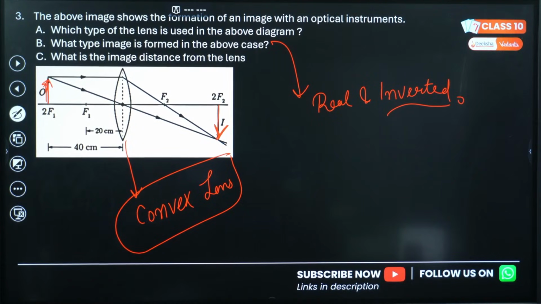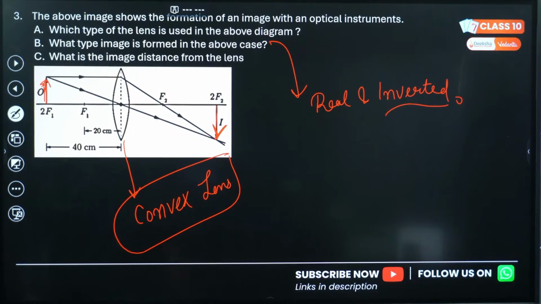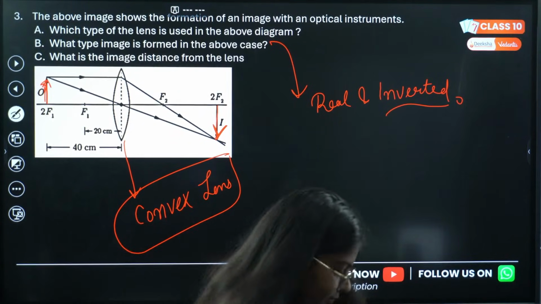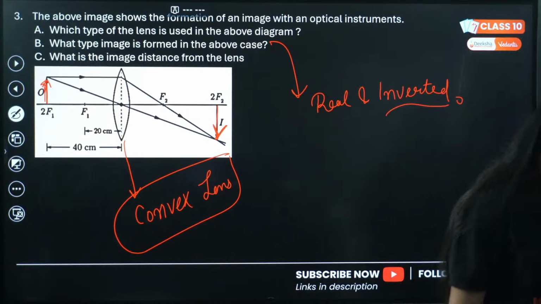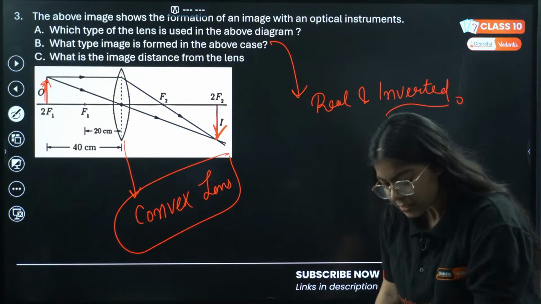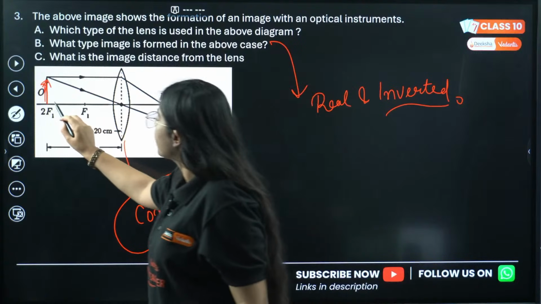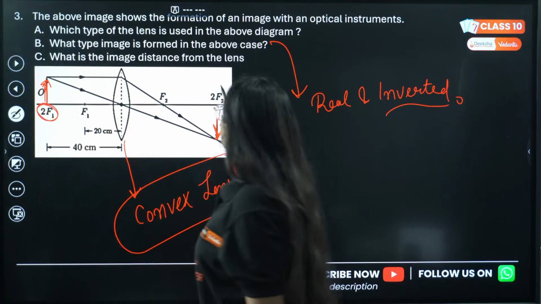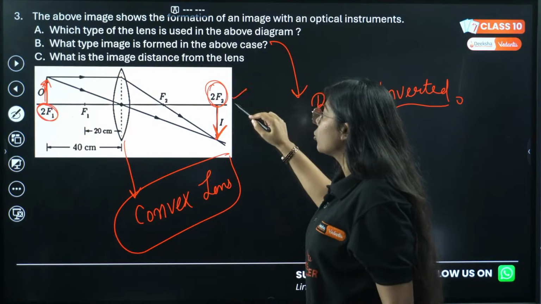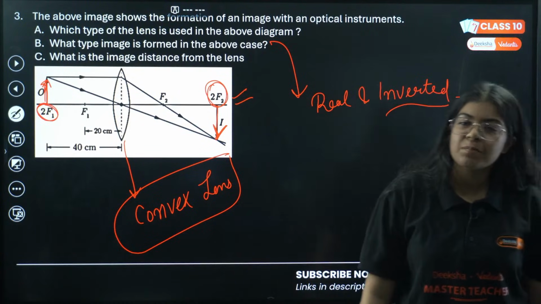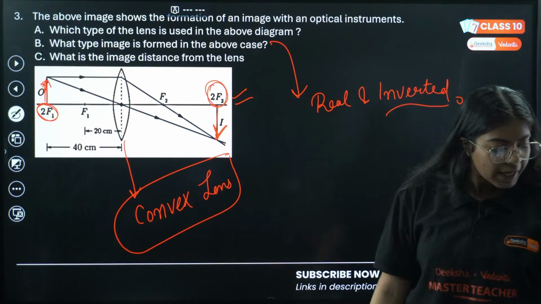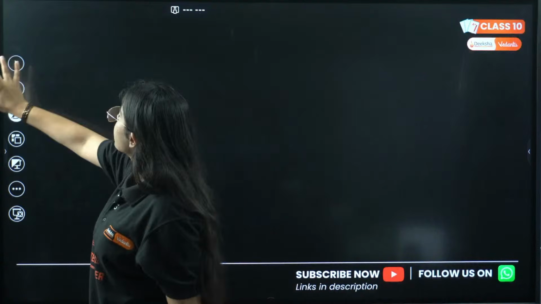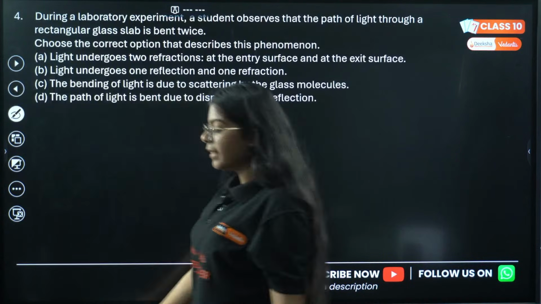Since my object is placed at 2F1, the image will also be made at 2F2, at the same distance from the lens. Okay, correct. Okay, let's move on to the next question, which says, read the question carefully.